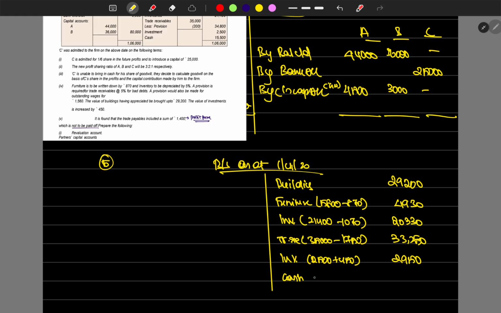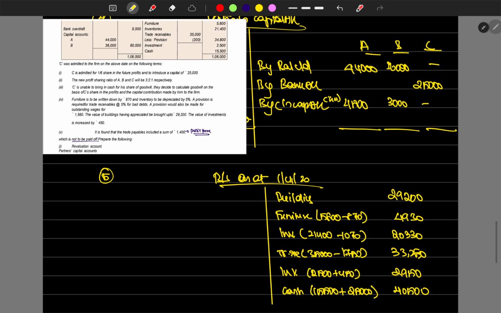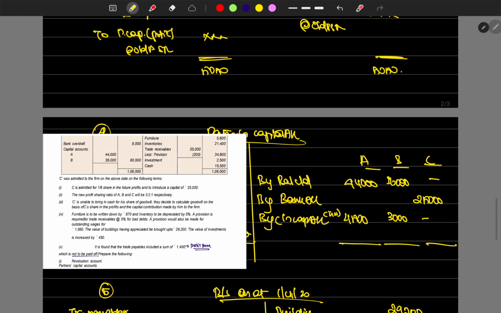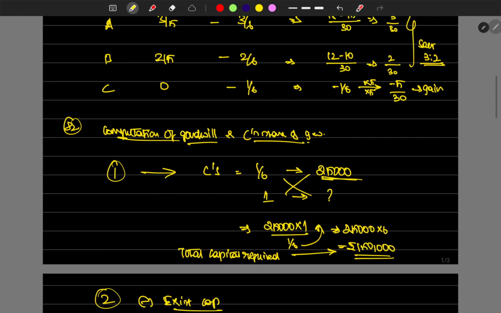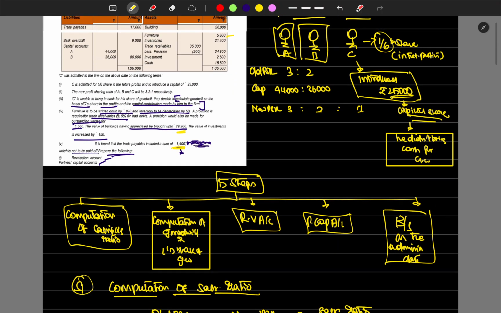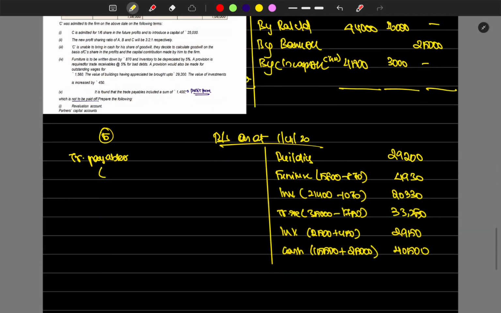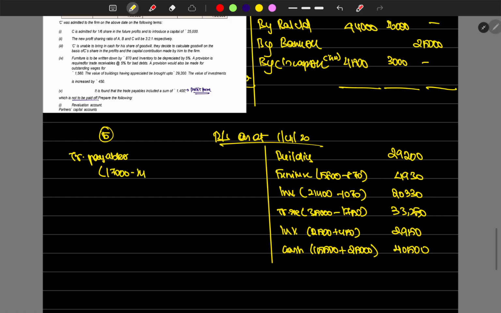Then what's the cash balance? 15,500 we already have, plus C's capital, 25,000. So total 15,500 plus 25,000, which is 40,500. Then let's go to the liability side. Trade payables reduced by 1,400. Trade payable balance is 17,000 minus 1,400, which is 15,600.